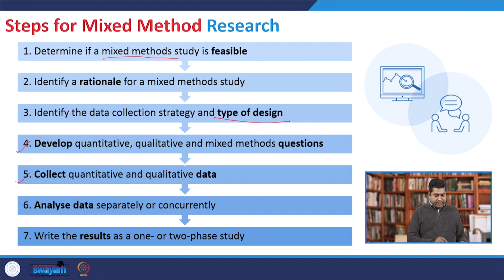Next stage is to collect the quantitative and qualitative data from the field, and after collecting the data you analyze the data separately or concurrently. That is again something we'll discuss under the design mix, where for one objective you only deal with qualitative data, and the other one may be quantitative data.